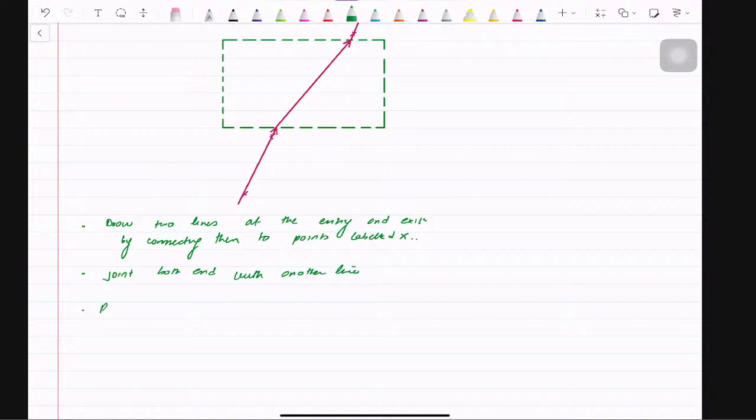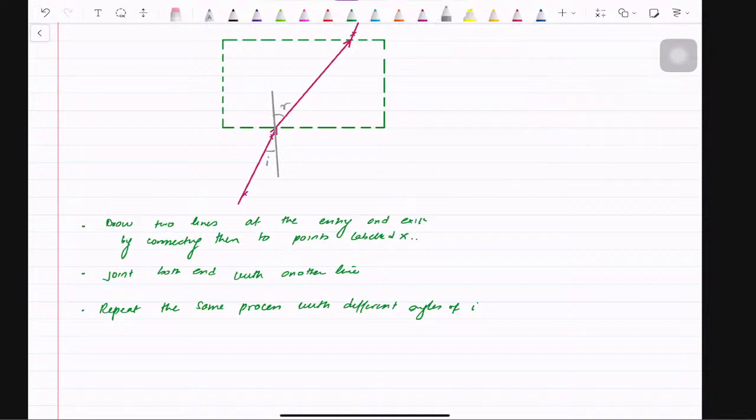Then repeat the same process with different angles of I. So how do you find angle of I? You're gonna basically draw a perpendicular line here. This will be angle I, this will be angle R, right?